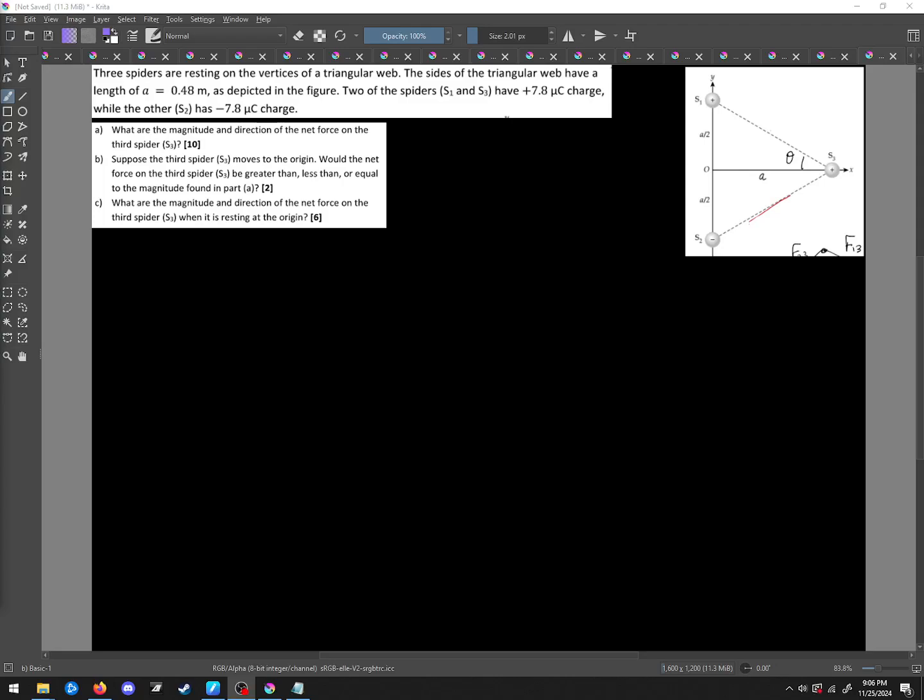So here we're taking a look at the physics exam 1, question 1. This is the first question outside of the multiple choice, and it looks like this is going to be on an earlier chapter.